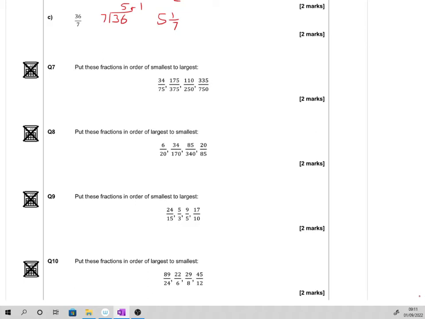Does 75 go into all of these? Let's have a look at the 75 times table. 75, 150, 225, 300, 375. Doesn't go into 250, does it?